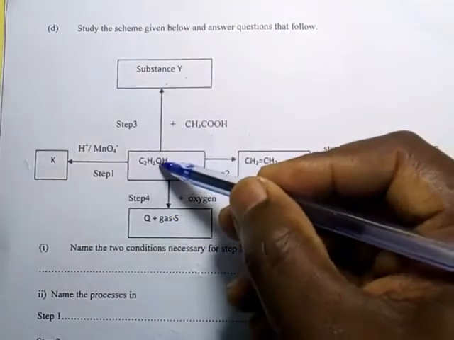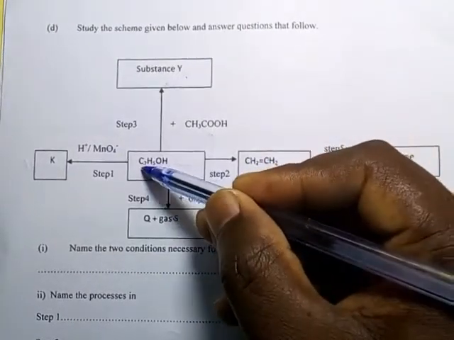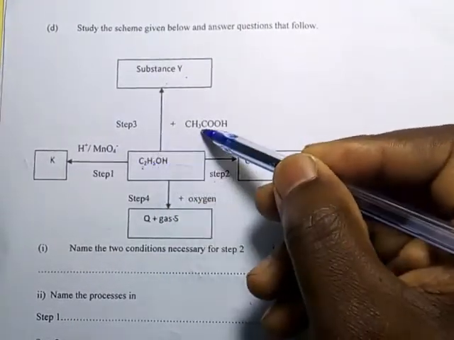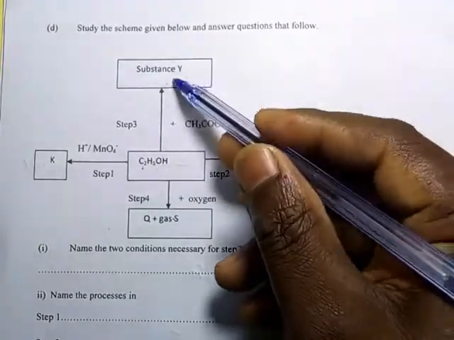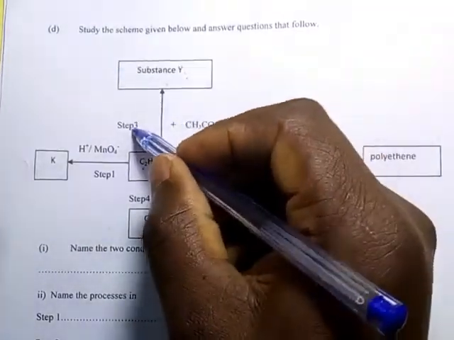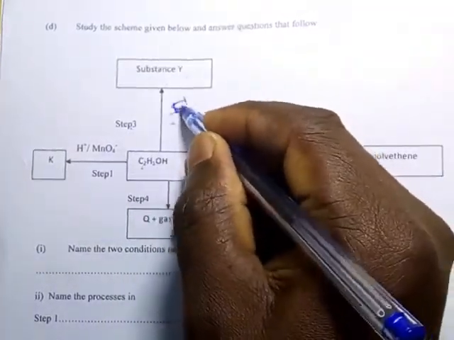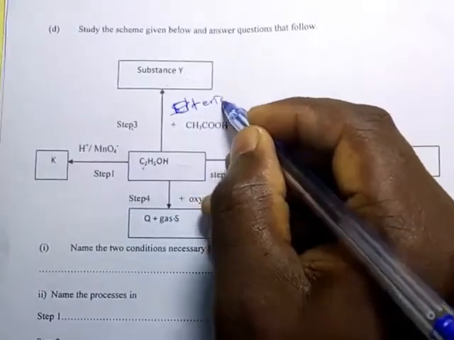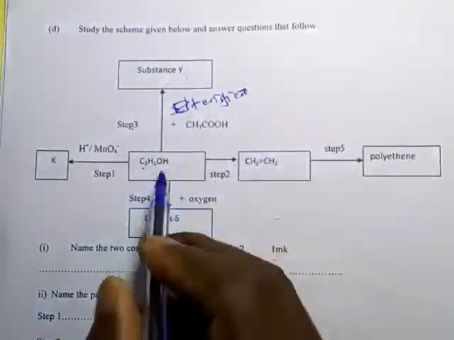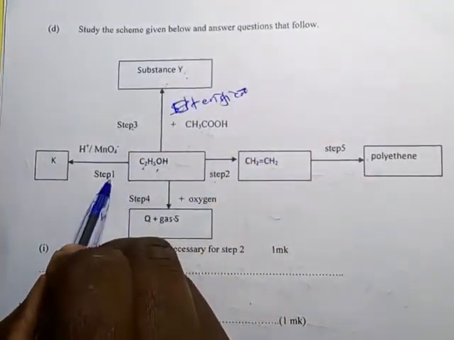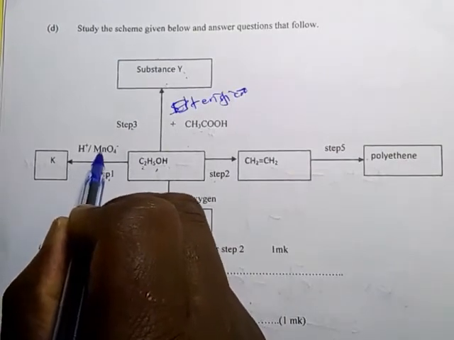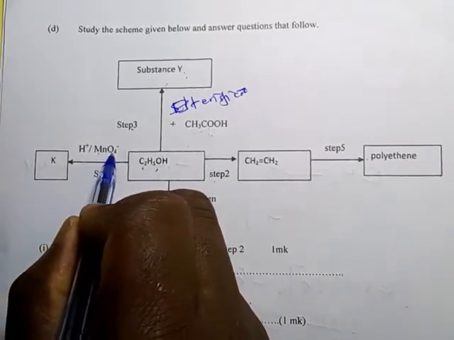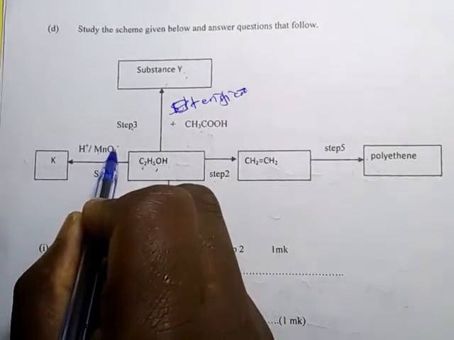Now, when ethanol, this one is ethanol, 2 carbons, combines with ethanoic acid, it forms an ester. So step 3 is esterification. Ethanol undergoes step 1, and you are seeing acidified potassium manganate, which is an oxidizing agent.